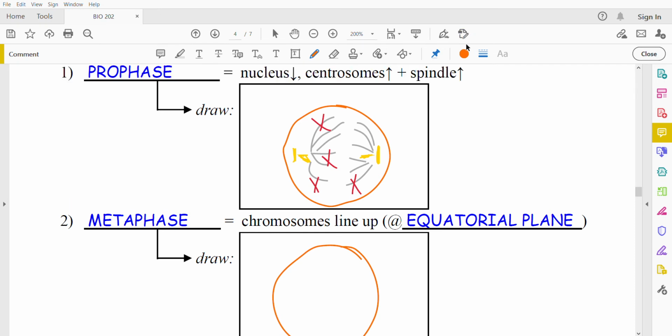We're still seeing our centrosomes, so these pear-like structures. And we are going to see our spindle branching out from the centrosomes.